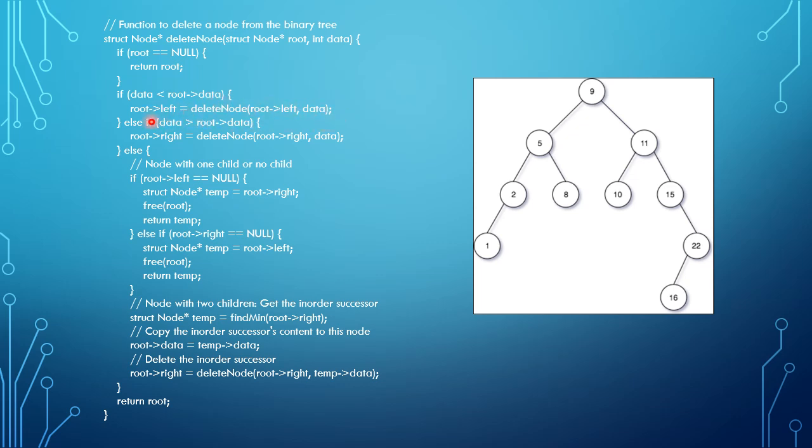That means these two conditions help the function to find where the deleted element resides. So after all iterations of this function, these two statements finally find the position of the deleting node.